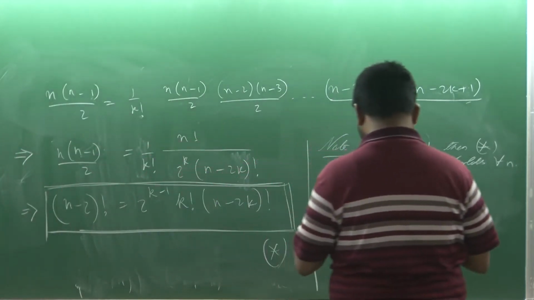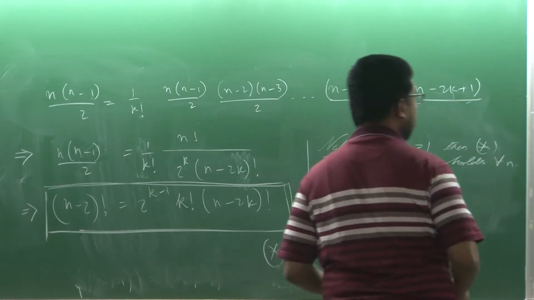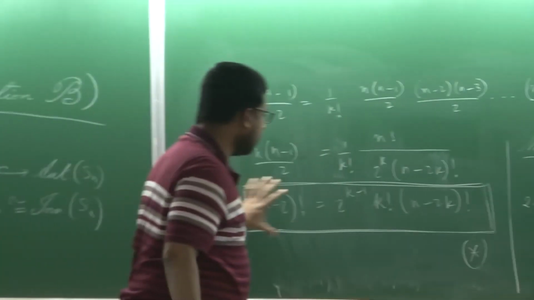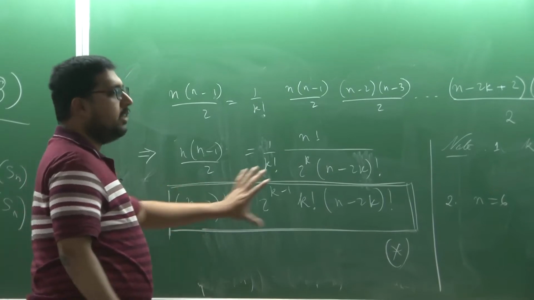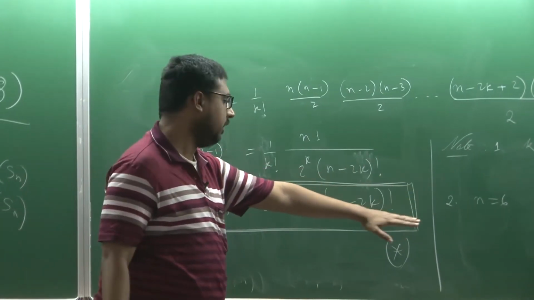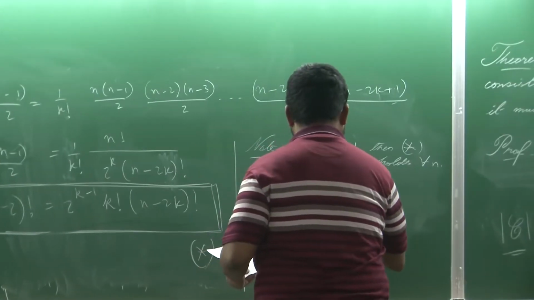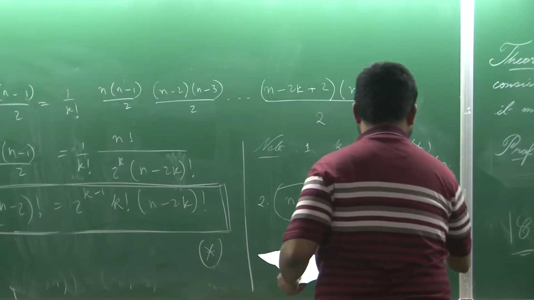Now, another observation, though in the hypothesis it is included that n not equal to 6. However, if we just restrict our attention to this formula and treat this as an independent formula, then we see that star holds when n equals 6 and k equals 3.